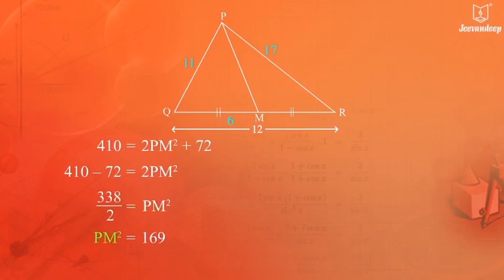Or PM square equals 169. Therefore, PM equals root 169 equals 13. Therefore, PM equals 13.